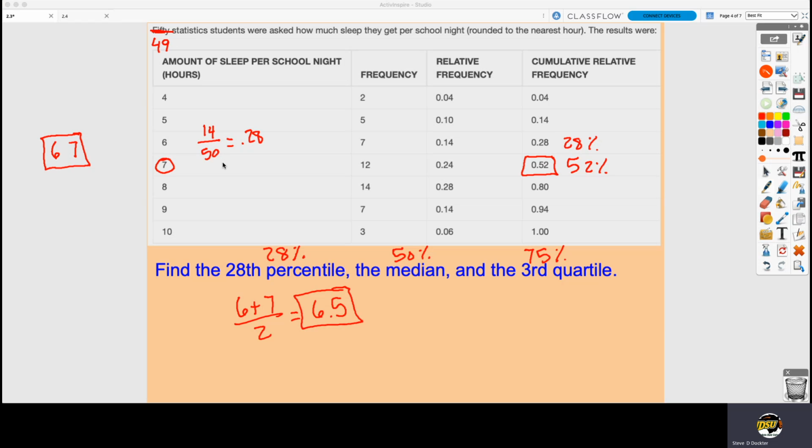So if we're going to take 2 of those, we would go 7 plus 7 divided by 2. Well, that's just 7. Okay. All right. Once again, we're taking 2 of them because it's not 49, it's 50 of them. All right. Does that make sense?